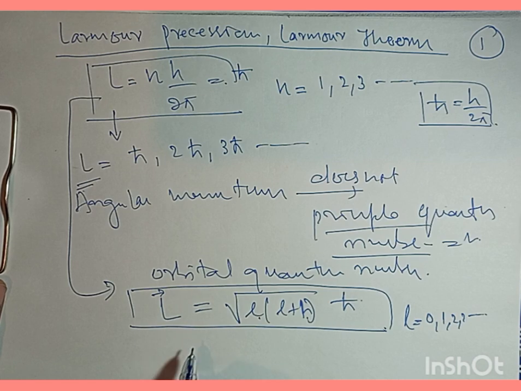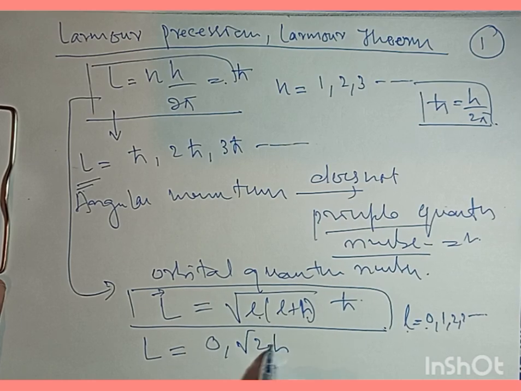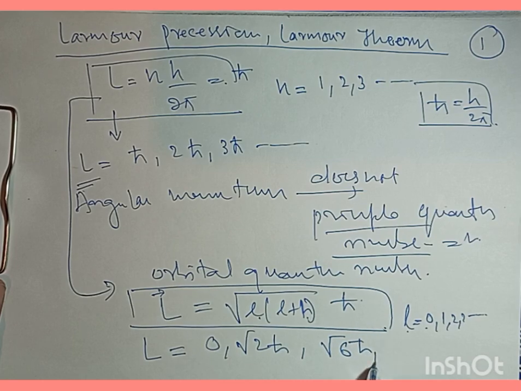So we will have the values of L as 0 for l equal to 0. For l equal to 1, we will have under root 2 h cross. For l equal to 2, we will have under root 6 h cross, under root 12 h cross, and so on and so forth.